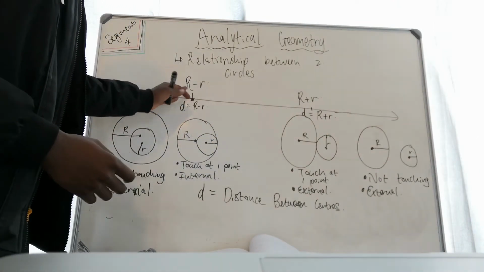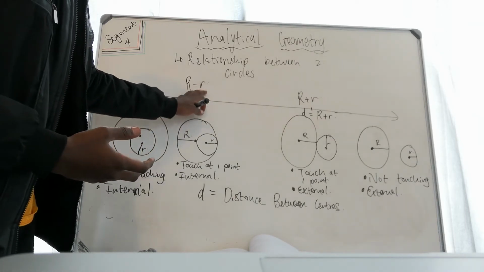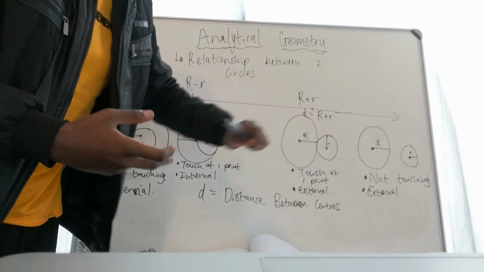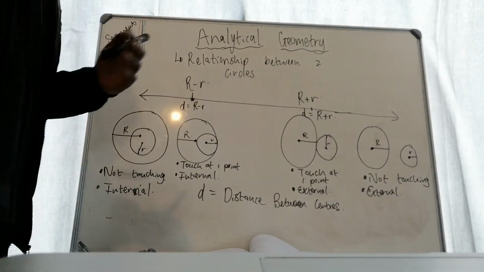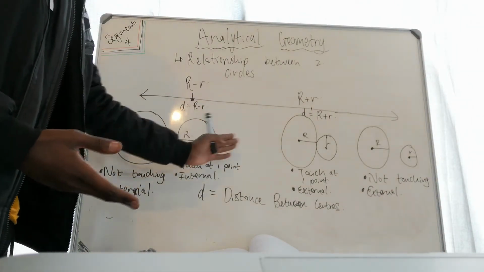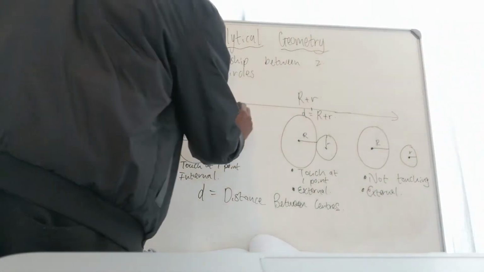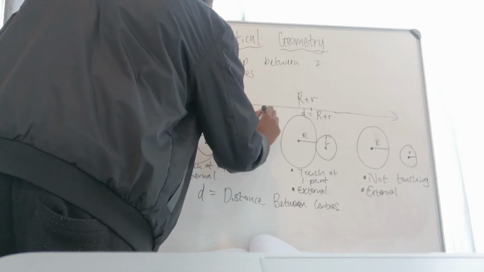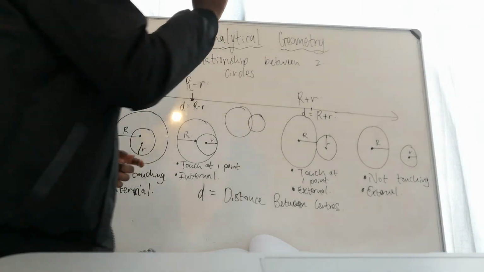Right? And so now we have this range in between. The range in between where D is equal to R minus r, and the range where D is equal to the big R plus the small r. What happens in that range? If you are a very logical person and you're seeing what's happening there, then you will conclude that what's happening here in the middle is that they touch, and they touch at two places.